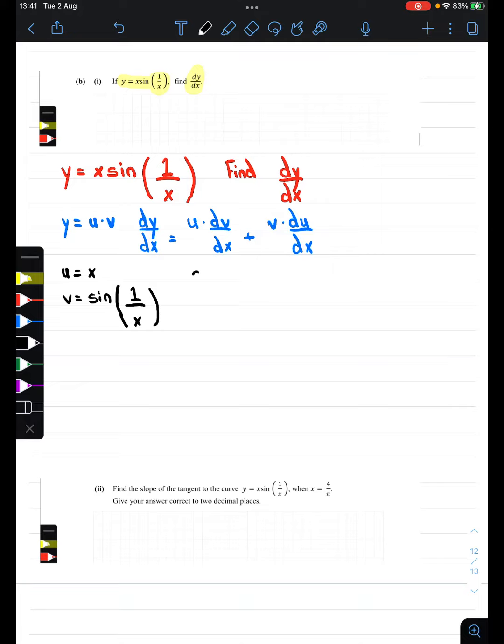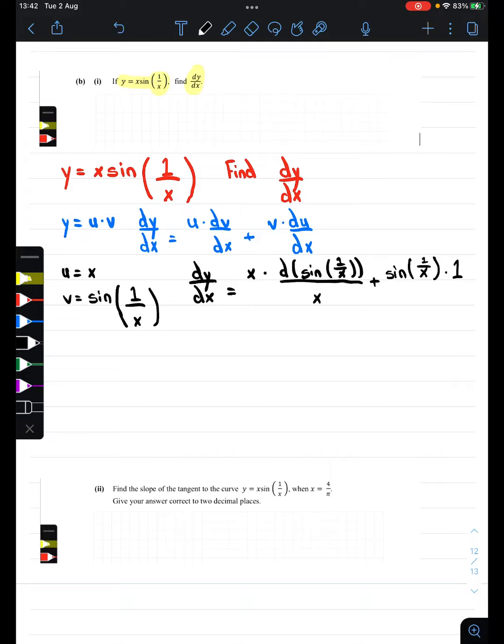So dy/dx equals u, which is x, times the derivative of sine of 1 over x with respect to x, plus v, which is sine 1 over x, times the derivative of u, which, the derivative of x, is just 1.